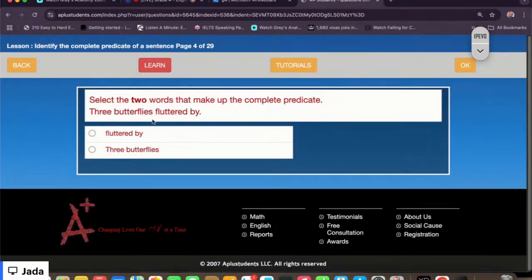Three butterflies fluttered by. Two words that make up the complete predicate. So we have fluttered by.